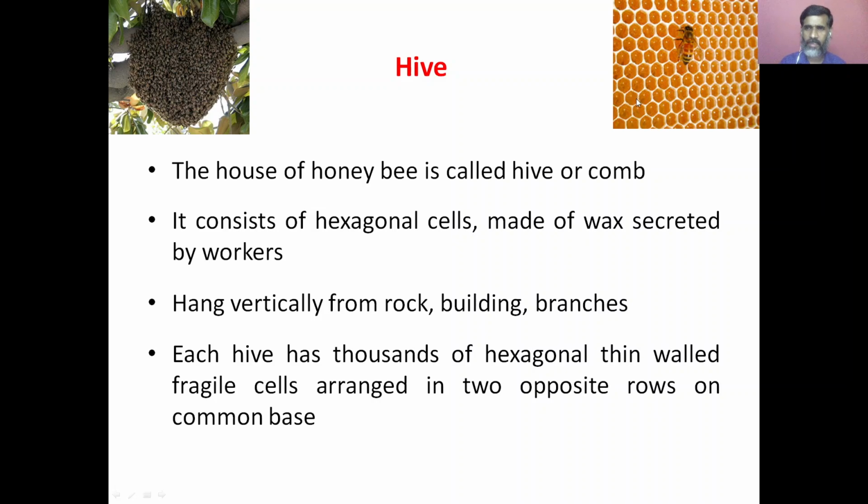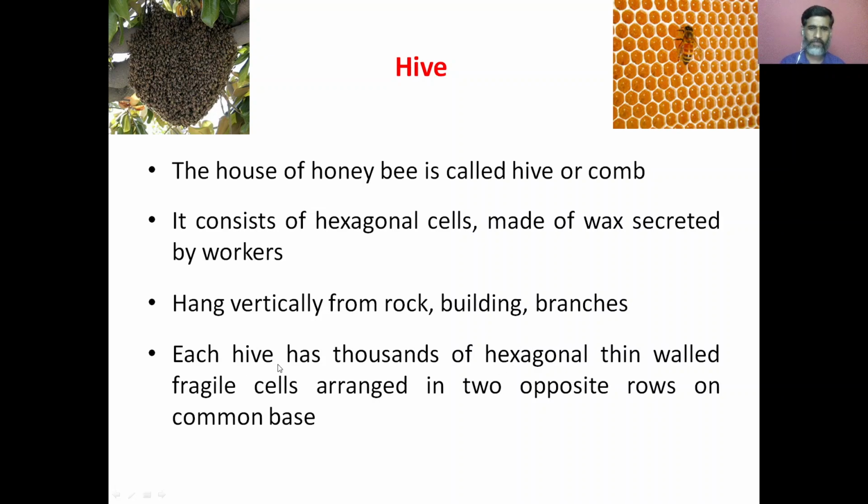You can see so many hexagonal cells here, made up of wax secreted by the workers. So the hive is made up of a large number of hexagonal cells, made of wax secreted from the workers. Generally, these hives hang vertically from rocks, buildings, branches, etc. You can see here.